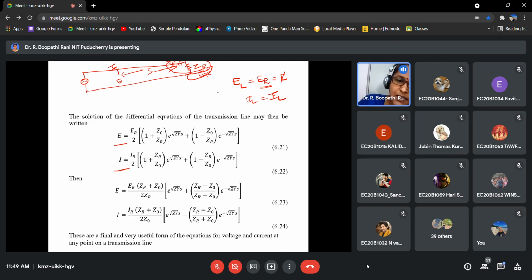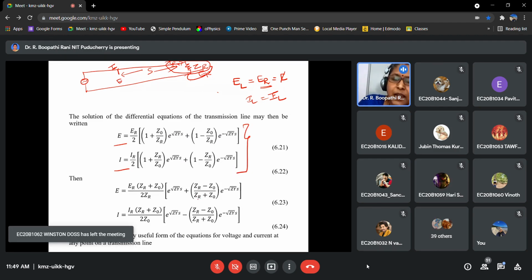And the set of these equations can be represented in many formats, whichever is convenient for us for a particular use, we will be using that.